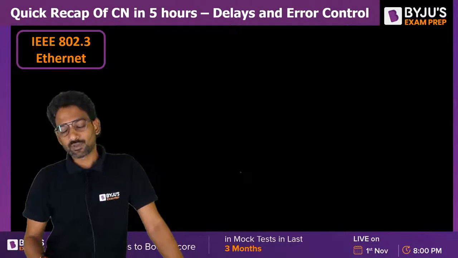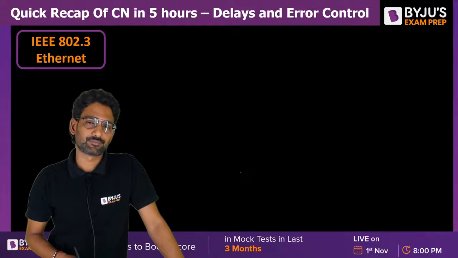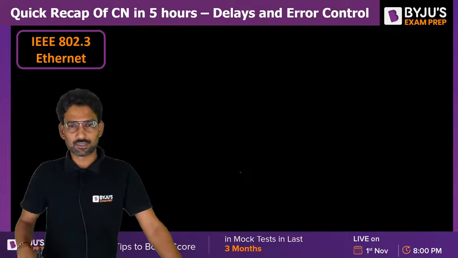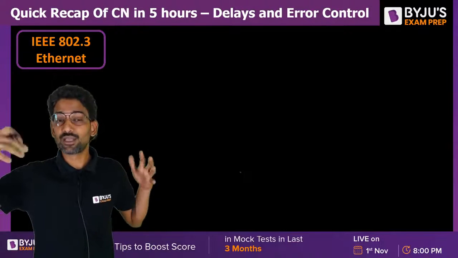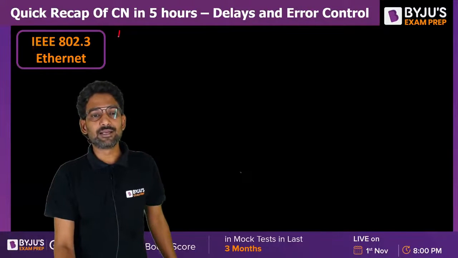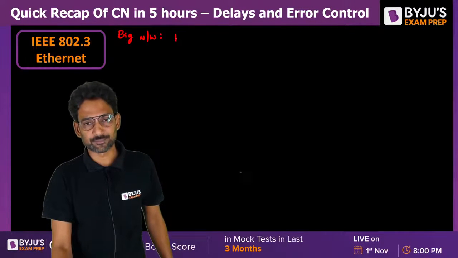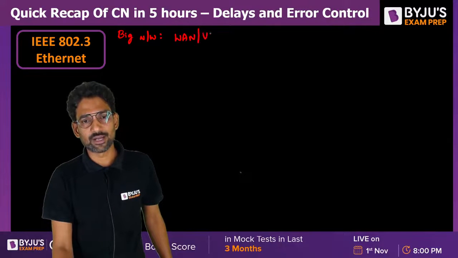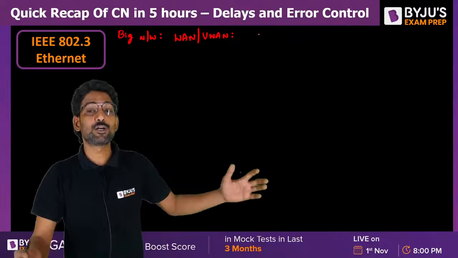Now when you take big networks, the distance between the nodes is long. So for big networks like wide area networks, if you take internet, WAN or very wide area network, the length or the distance between the nodes is huge.